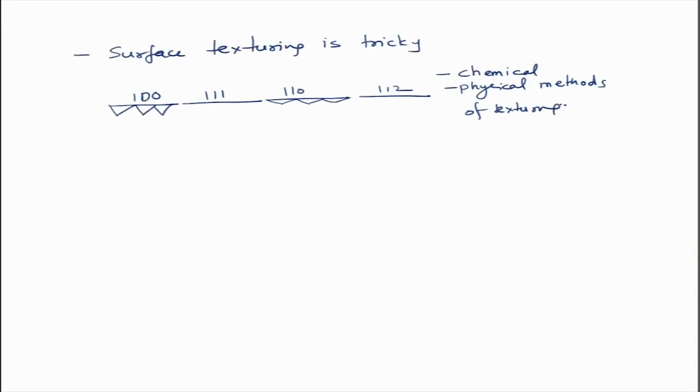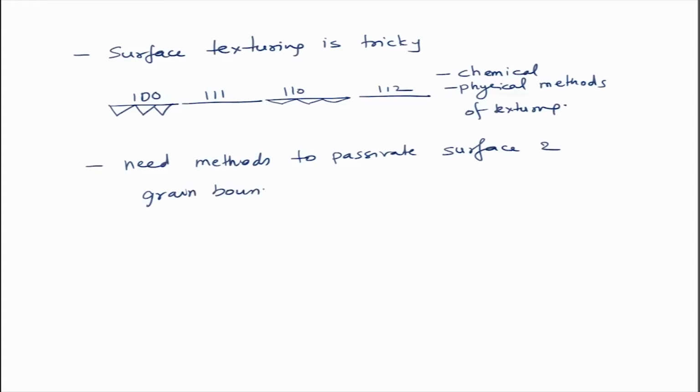All right, and you also need methods to passivate the surface and grain boundaries. Generally the physical characteristics of the device are like this.